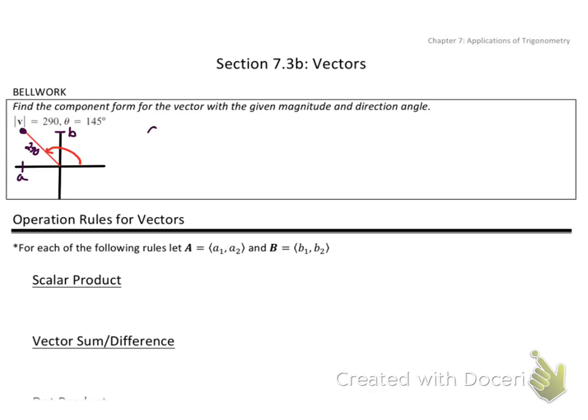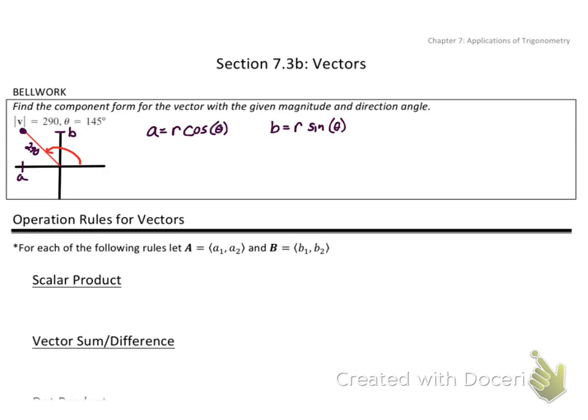Our A value is going to equal our magnitude times cosine of whatever our angle is. Once I know that, you should know B then, because B is going to be magnitude times sine of whatever our angle is. And that's all we need. I have my magnitude, I have my angle, I just need to plug it in.